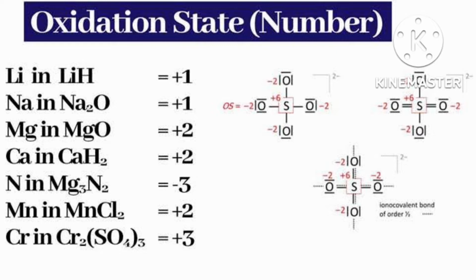The order of electronegativity of the 3 elements involved in these compounds: fluorine is the most electronegative element in the whole periodic table. Fluorine is greater than oxygen, and oxygen is greater than sodium.